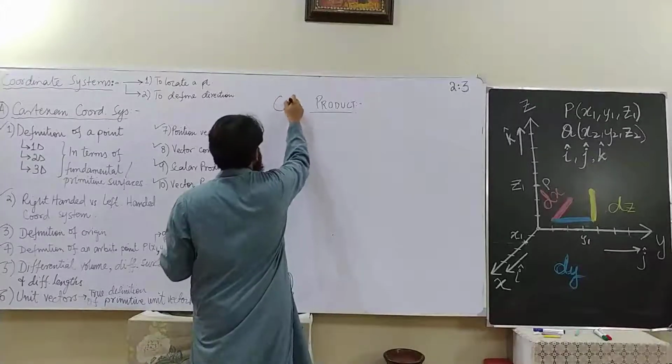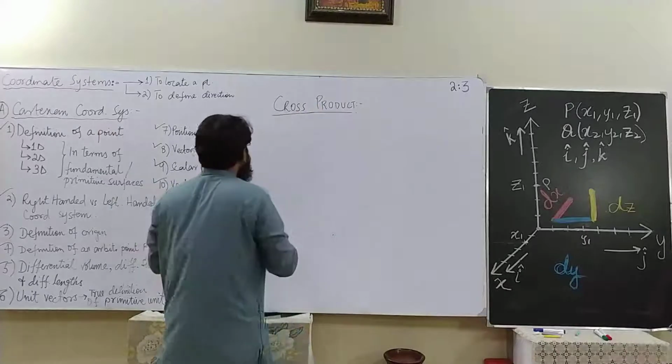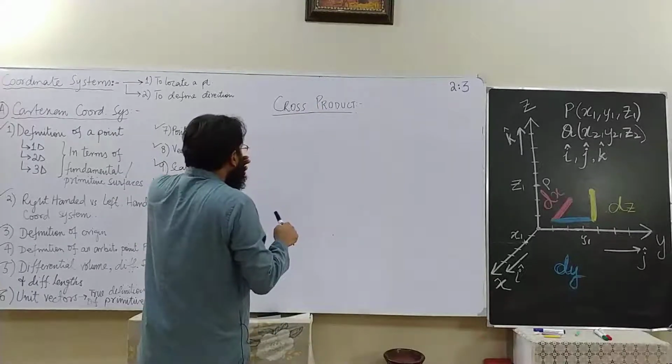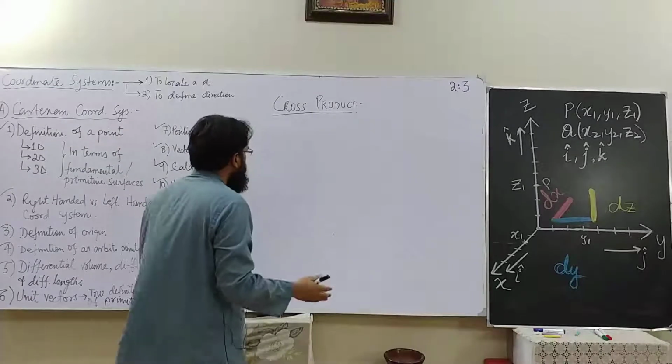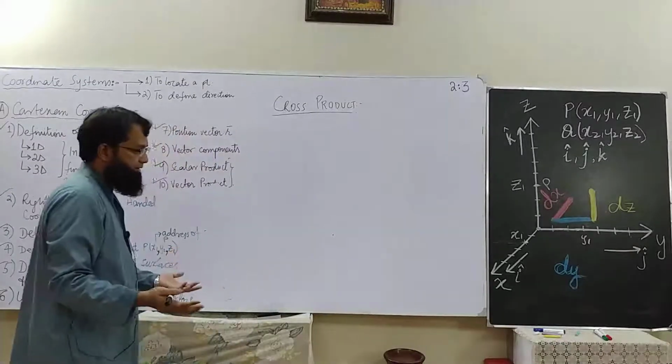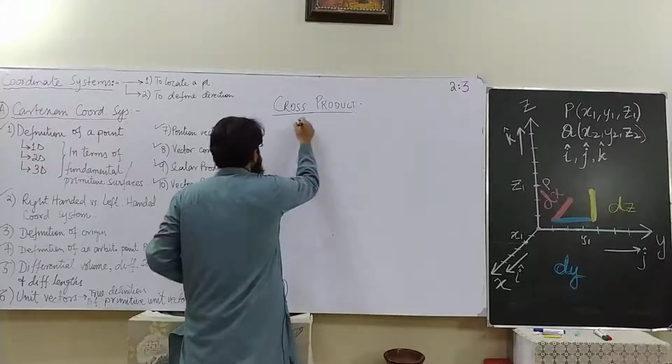and the last for this discussion of the Cartesian coordinate system, would be the cross product, and cross product is also known as vector product, because the answer is always a vector quantity.